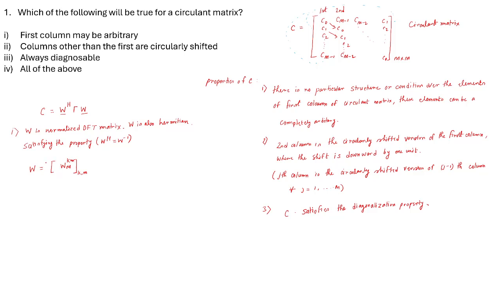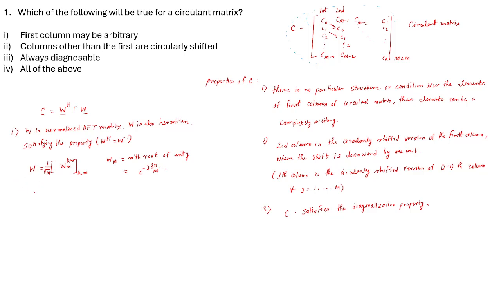Of course, we say it's a normalized DFT matrix, so there should be a square root of m term before, where Wm is equal to the mth root of unity, whose expression we are well aware of, e to the power minus j 2 pi over m. So this is the structure of W.